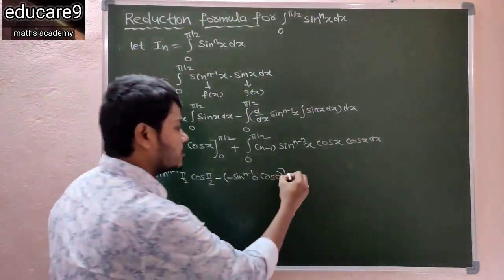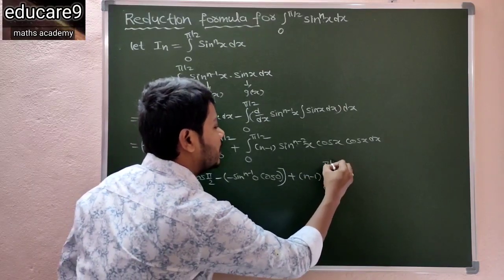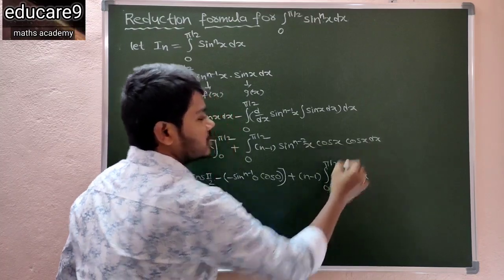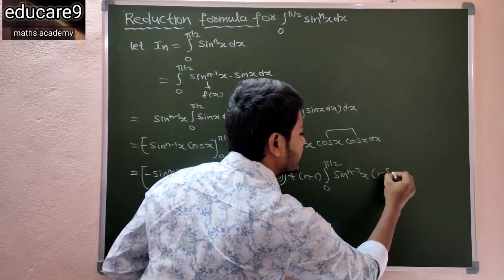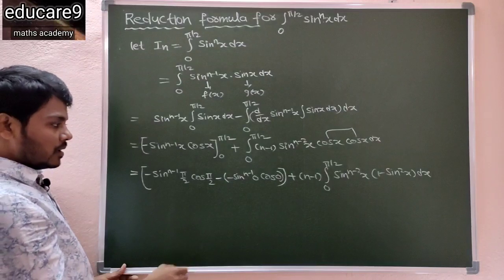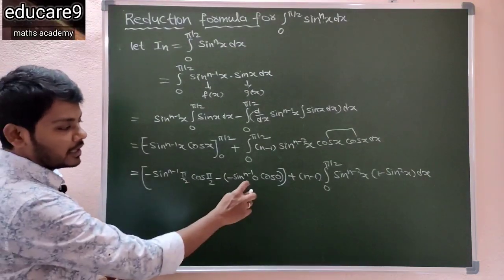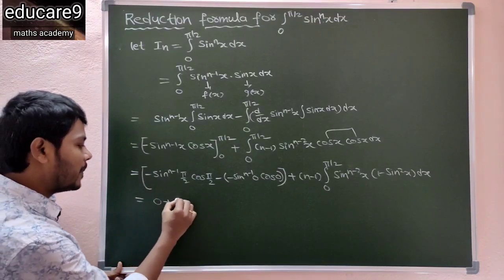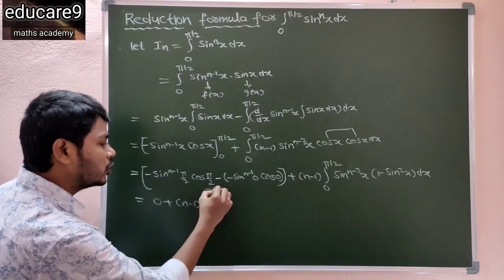Okay, so plus n minus 1 into the integral from 0 to pi by 2 of sin power n minus 2 x, where cos square x is written as 1 minus sin square x, dx. Now cos 90 is 0, 0 into something is 0, and sin 0 is 0, 0 into something is 0. So clearly this value is 0, plus n minus 1 into the integral from 0 to pi by 2.